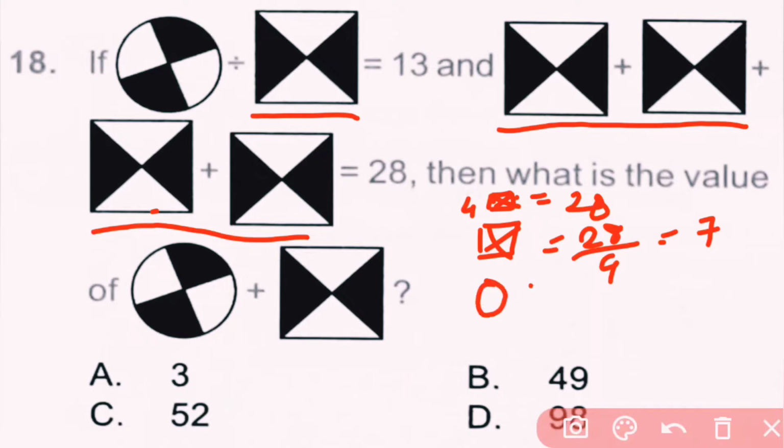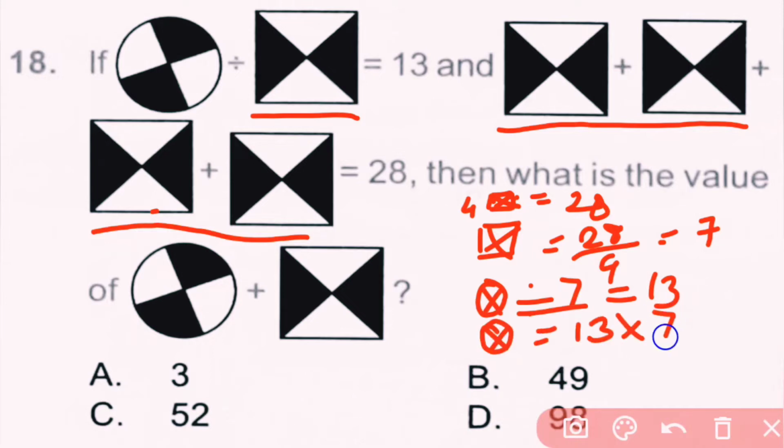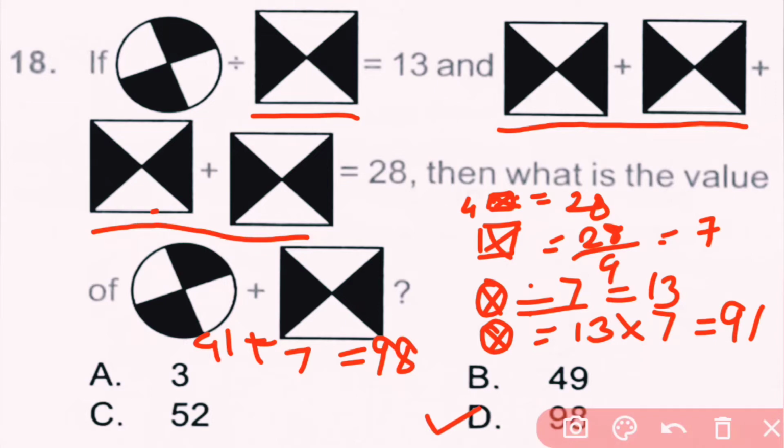So ball divided by 7 is equal to 13. So ball is equal to 13 into 7, which is 91. Now ball is 91 plus square is 7, which is equal to 98. So here D is the correct answer.